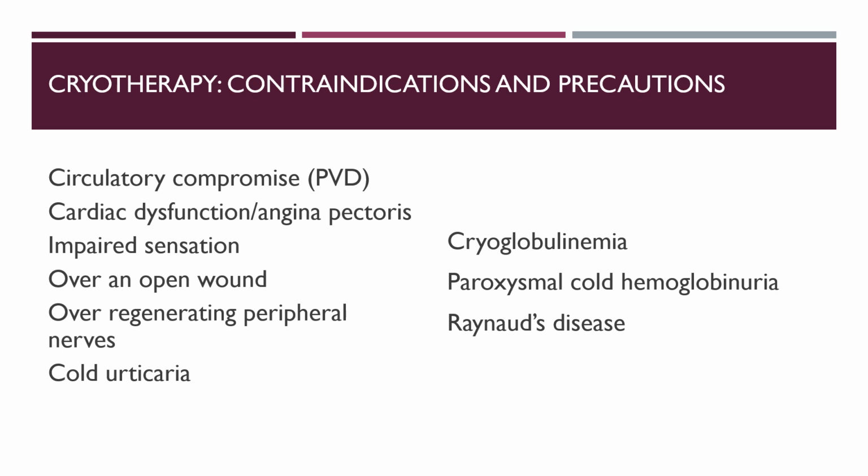So again, if we're applying a cold pack to this patient, that could cause further vasoconstriction, which may increase the cardiac workload and exacerbate their symptoms. The patient that has angina pectoris is going to feel a lot of chest pain, heavy pressure, almost like an elephant is sitting on their chest. And we'll talk about the different types of angina pectoris, but we want to be really, really cautious, at least if you're going to use cryotherapy with this patient.